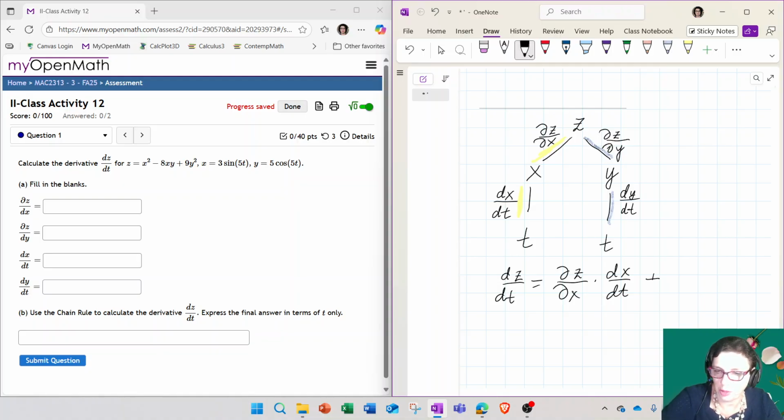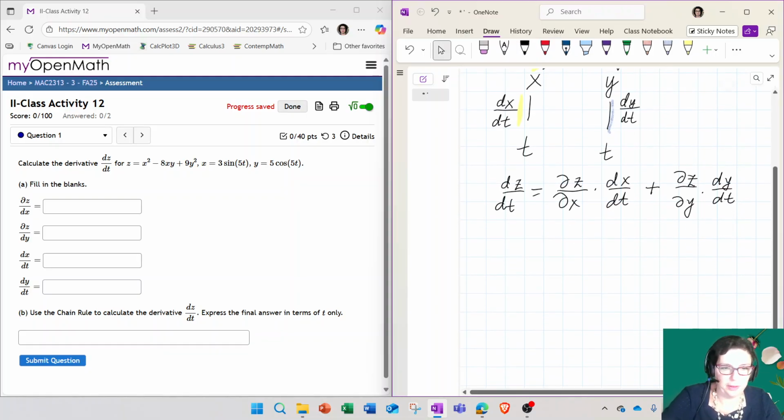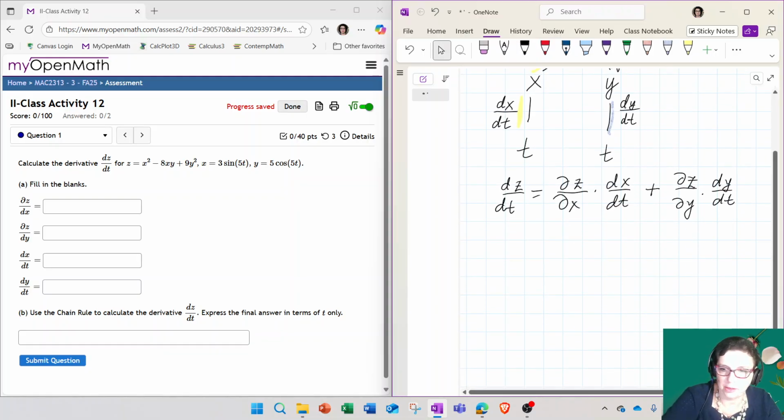So that's going to be plus partial z partial y times dy dt. Okay, so that's basically the formula.